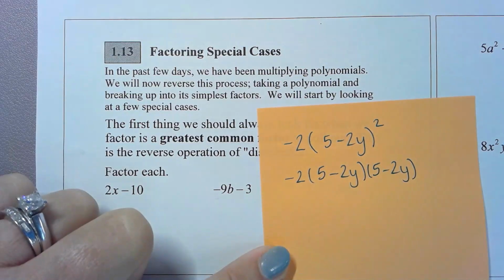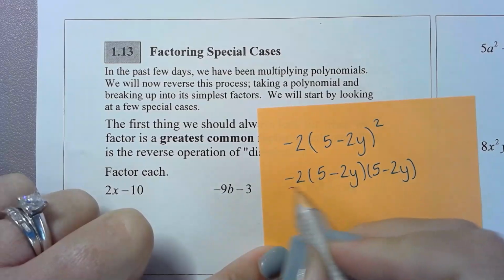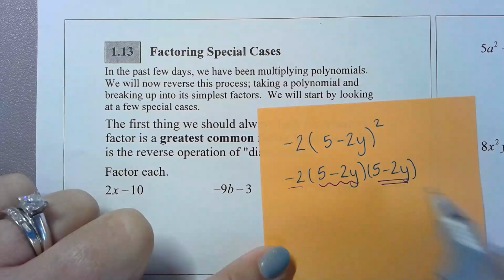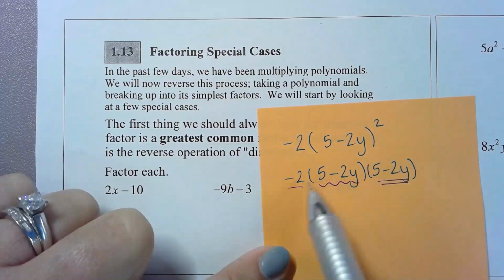One of the things we said in our previous lesson was we have three things we're multiplying together, and you're allowed to multiply whichever ones you want together first. But we said maybe multiply these together first, and then distribute the 2 through.